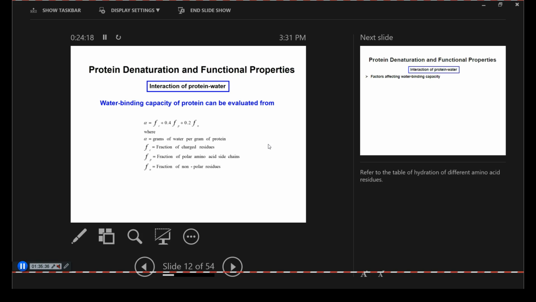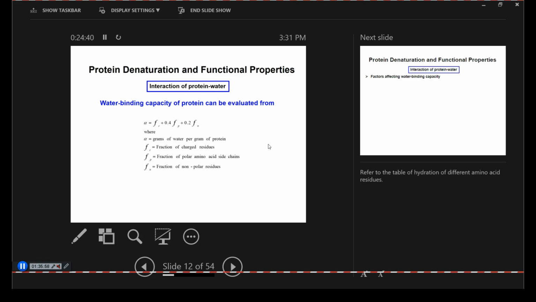So the grams of water as a function of charged residues and polar residues and nonpolar residues. So even nonpolar residues bind water. It's not necessarily only polar residues and charged residues. But if you see here, you have a factor 1, 0.4, and 0.2.